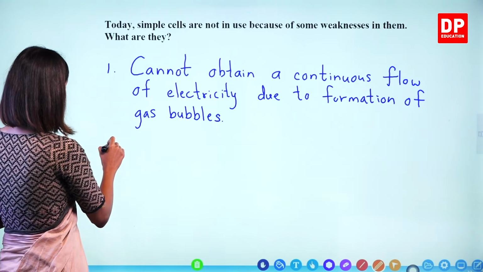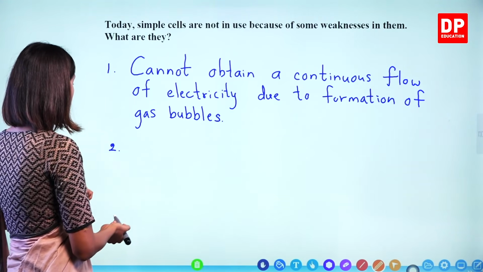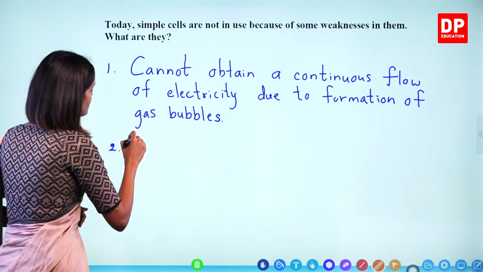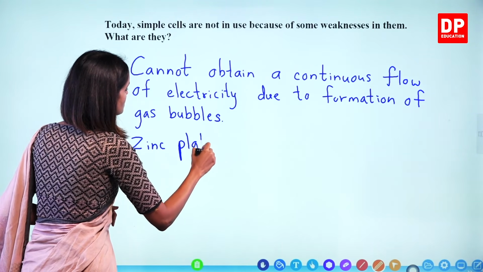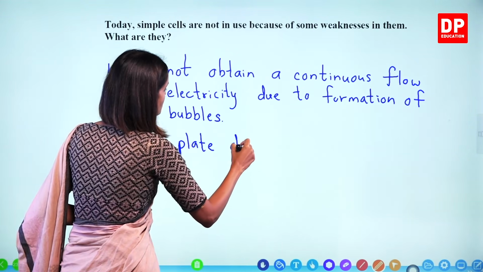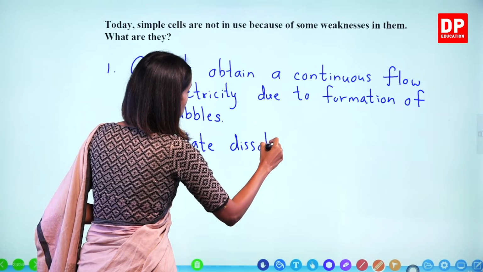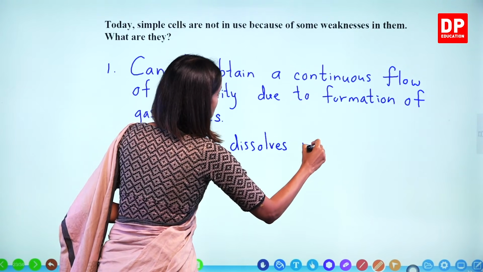Right. Number 2. Zinc plate dissolves rapidly.